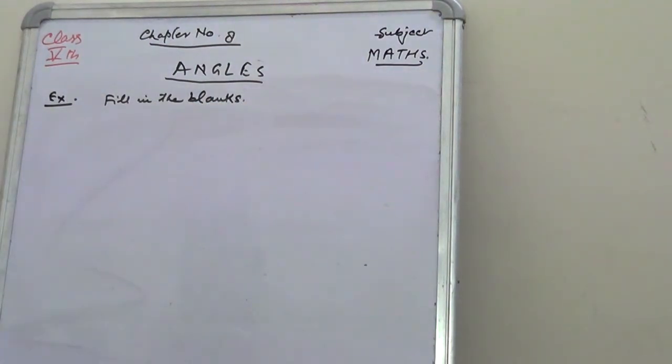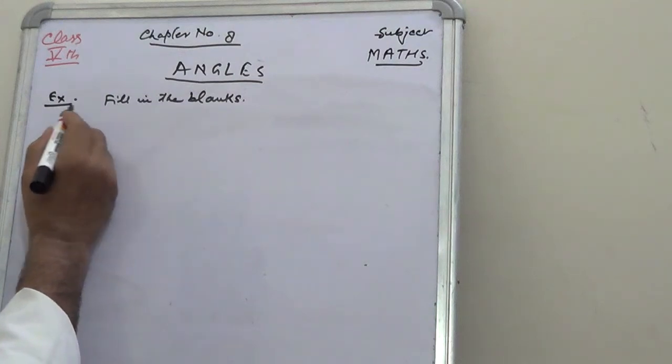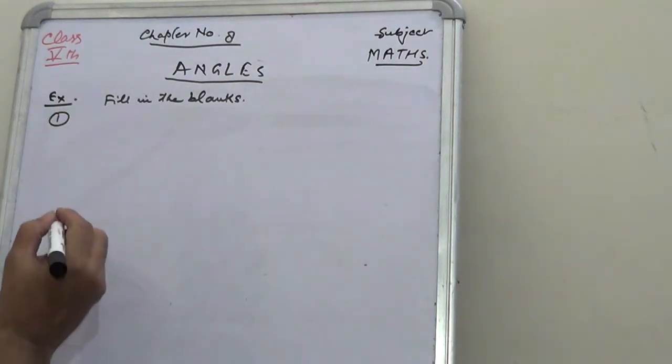Because we don't find any problem except the angles, to make angle, to draw angle, or to find out what type of angles are involved in the figure. So such type of very simple problems are asked in this chapter. Now another type of problem is, I have mentioned it here, fill in the blanks. What we have to fill in the blanks?